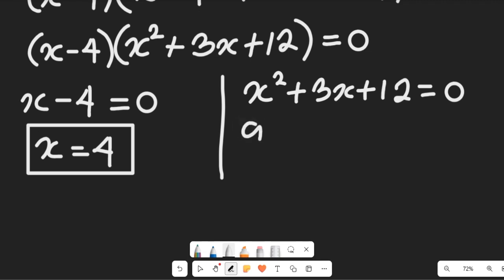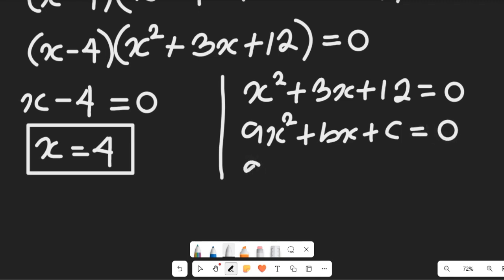If you compare this with ax squared plus bx plus c, all of this equal to 0, and we simplify this, you see that a is equal to 1, b is equal to 3, and then our c is equal to 12.